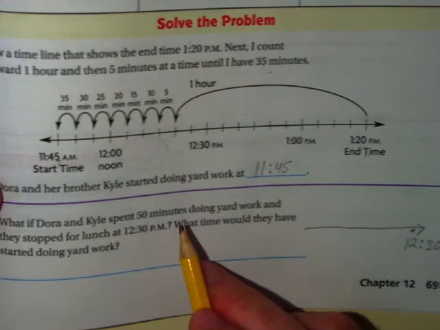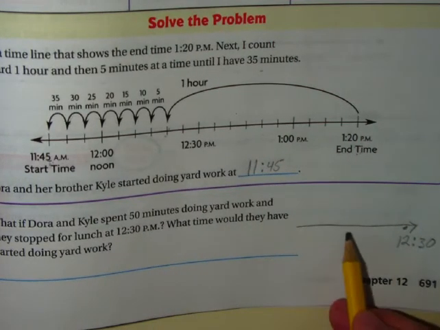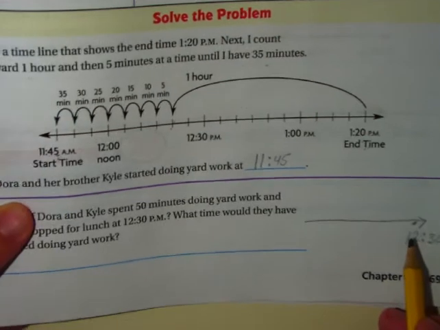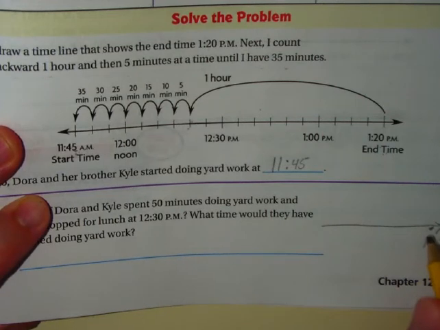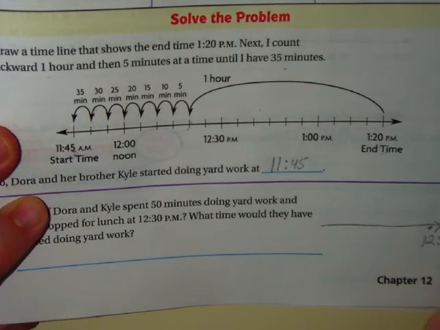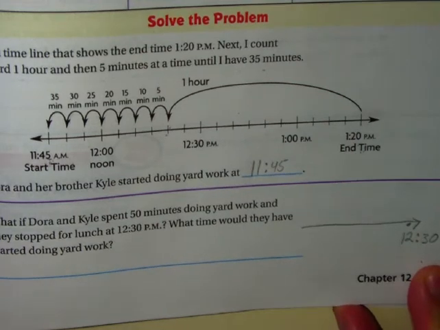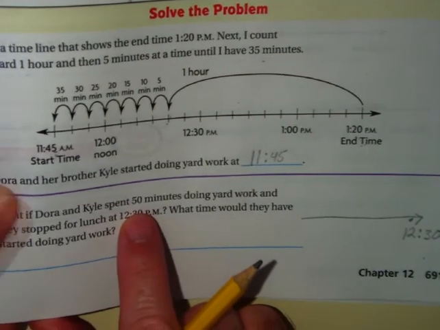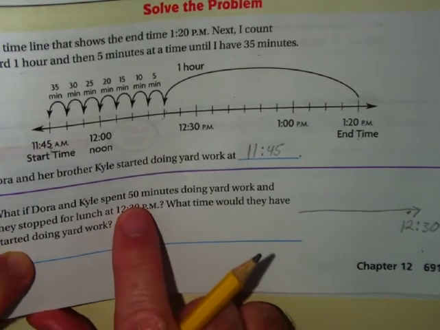That's not an hour, so it's not going to get me to 12:30. So I guess I could go back 5 minutes at a time, 50 minutes. You know what? I think I can do this mentally though. So this is almost an hour, 50 minutes. If Kyle and Dora had worked 10 more minutes, that would be a whole hour, right?